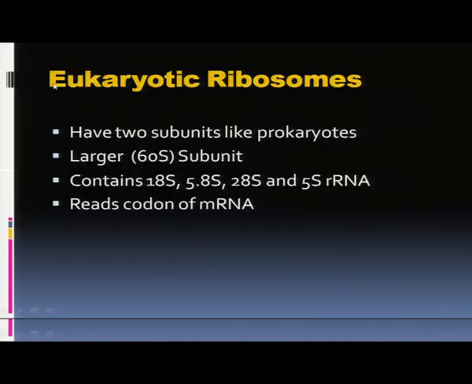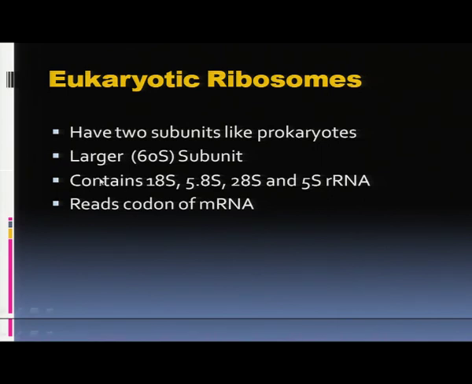And if we talk about eukaryotic ribosomes, as that of the prokaryotic ribosome, the eukaryotic ribosome also has two subunits, larger subunit with 60S and smaller subunit with 40S, and the combination of these two will give the 80S ribosome.